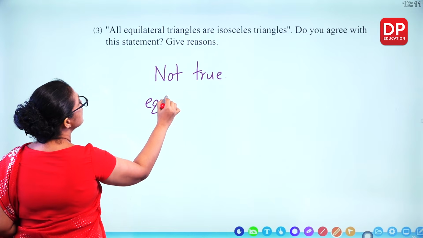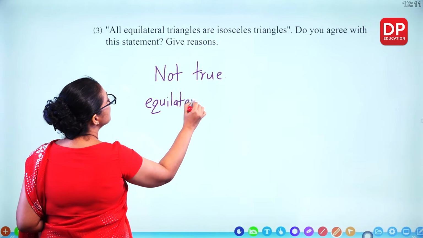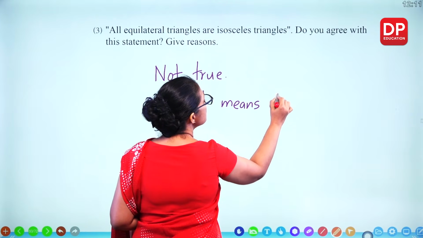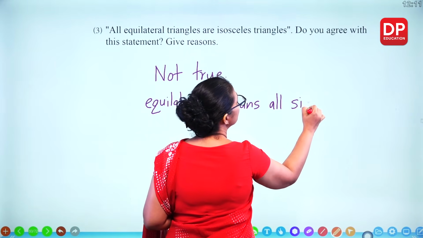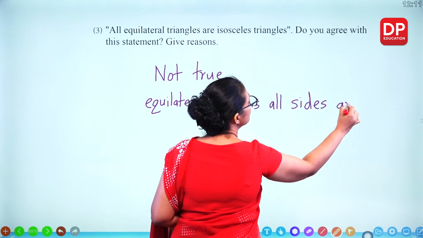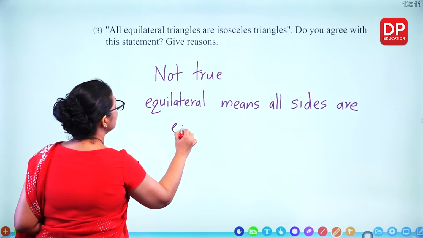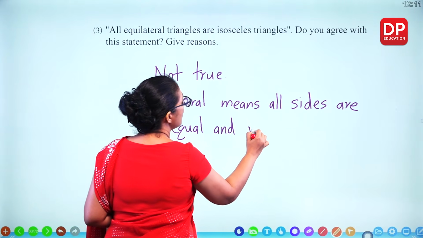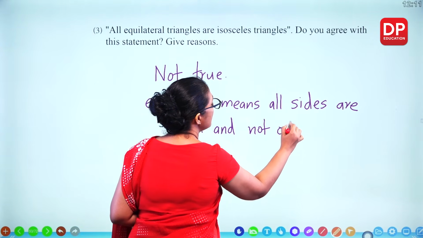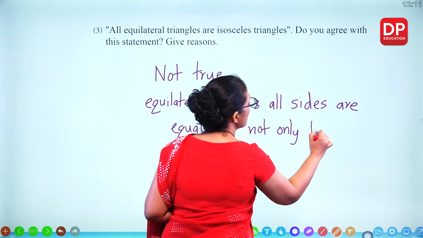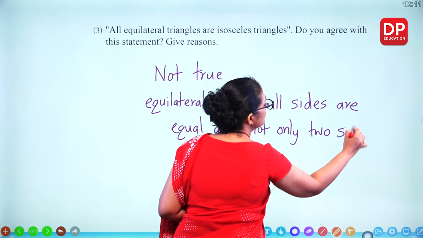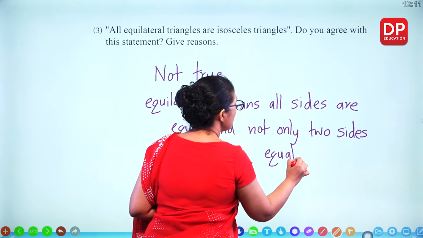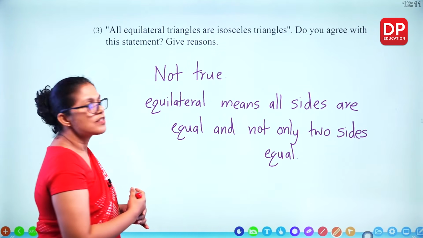Equilateral means all sides are equal, and not only two sides equal. So that's not an isosceles triangle.